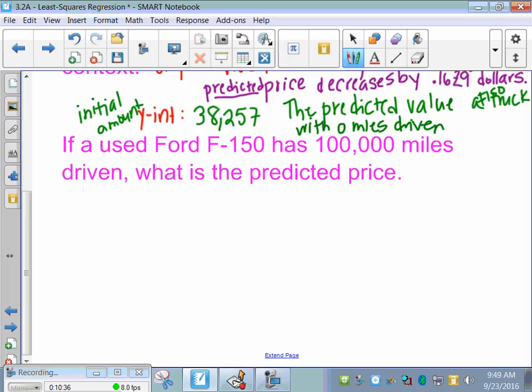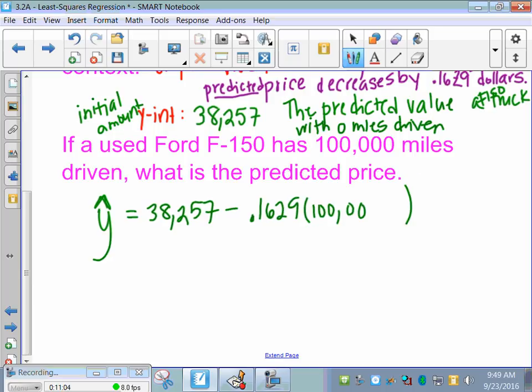If a used Ford F-150 has 100,000 miles driven, what is the predicted price? So you got to show your work, which is plug it into the formula. When you use the formula, you must use y hat, because y hat stands for predicted price. So we have 38,257 minus our slope, 0.1629, and we're plugging in 100,000 miles.